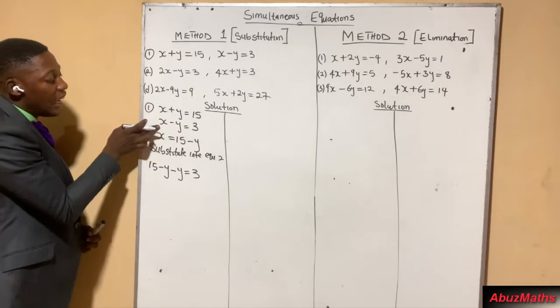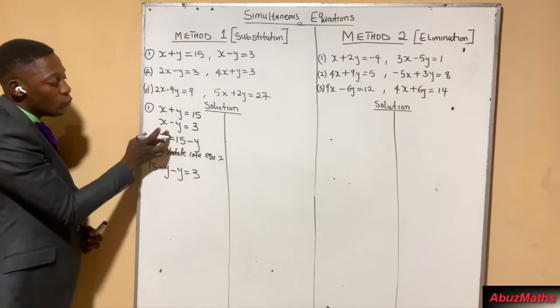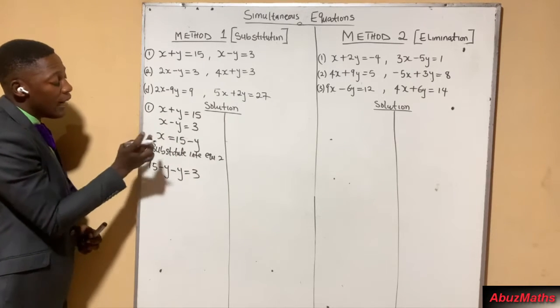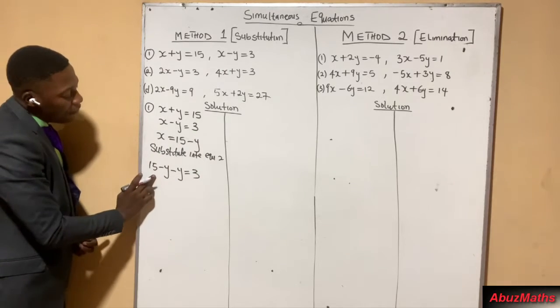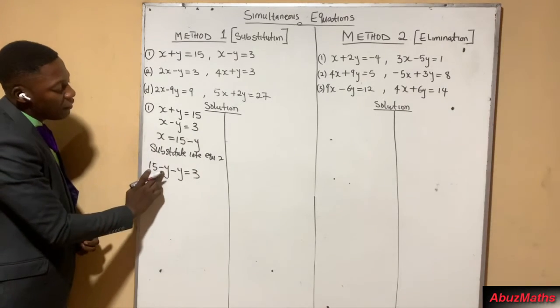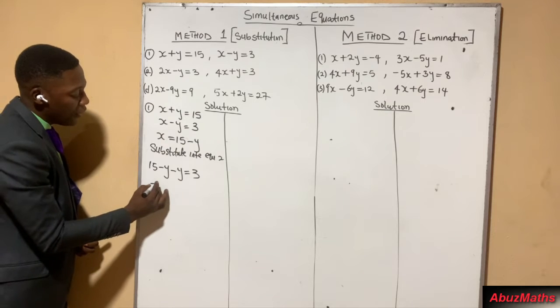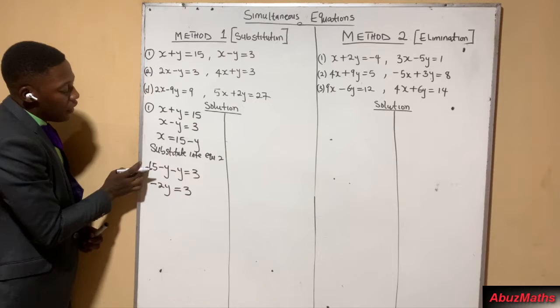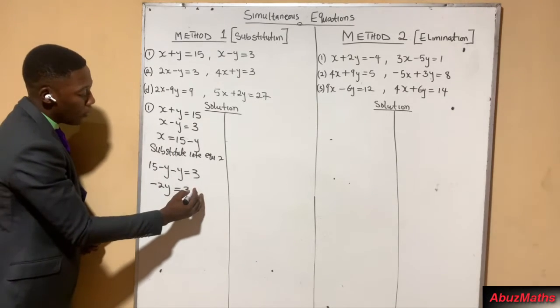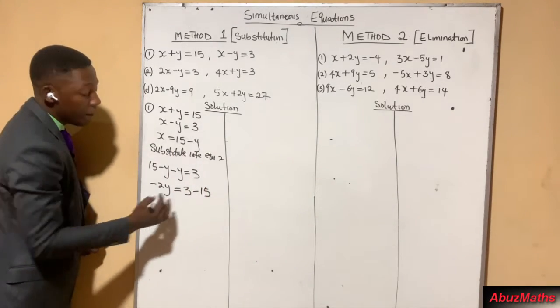I only changed this x to 15 minus y since we have already established the fact that x is equal to 15 minus y. Now I can say this is minus y, this will give me minus 2y, so 15 minus 2y is equal to 3. If I take 15 to the other side, it becomes minus 15.